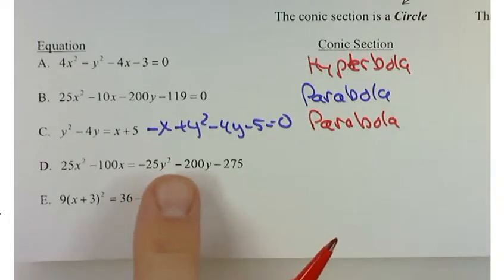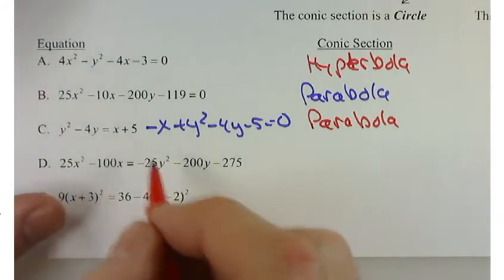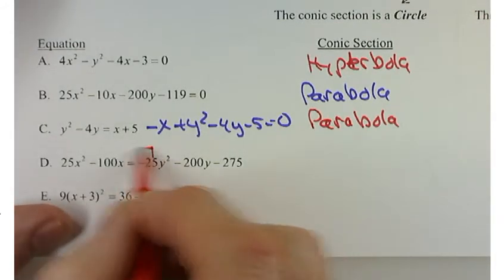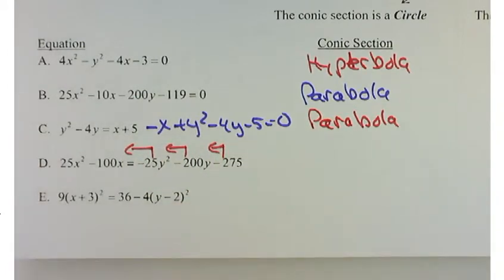This one we do need to play around with a little bit more. I would start by moving some of these terms, in fact, all these terms, to the other side. And the old saying that I use, when it changes sides, what else changes? Changes sides, changes signs. Well done.